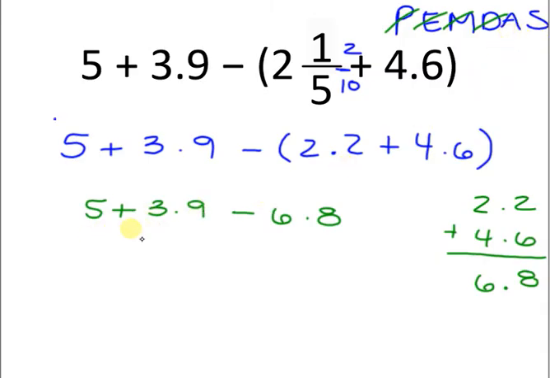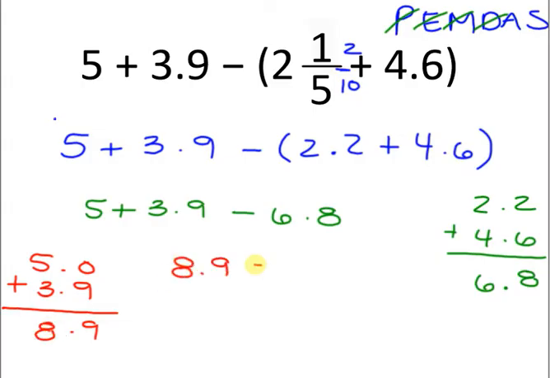So I need to start over here. So I'm going to start with the 5 plus 3.9. And I need to make sure that I add it up correctly, or that I line it up correctly. So 0 plus 9 is 9. Bring down my decimal. 5 plus 3 is 8. So I have 8.9 minus 6.8.